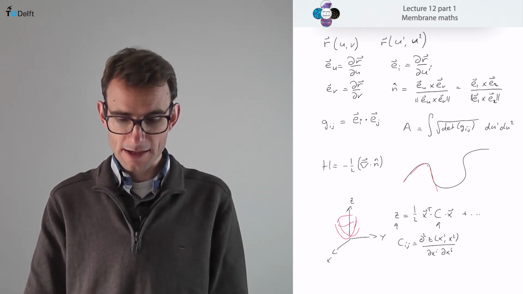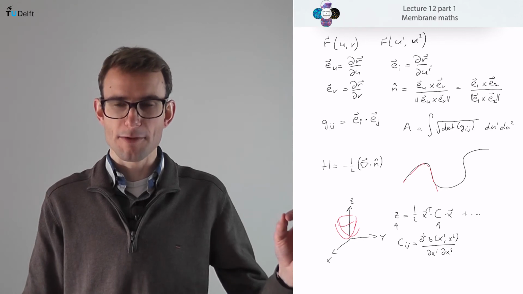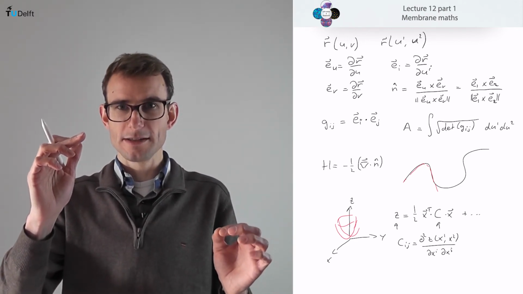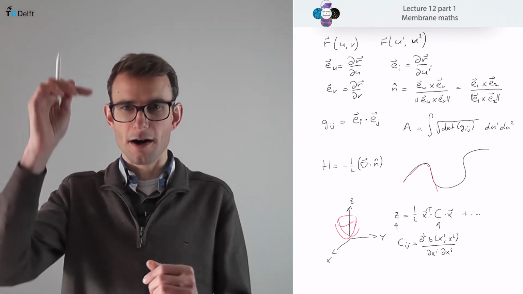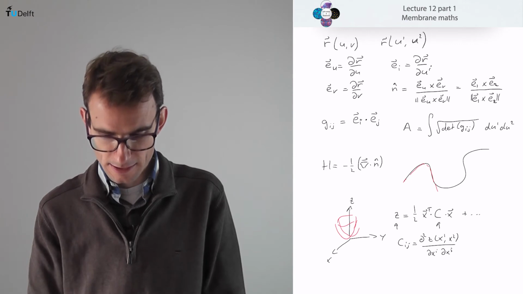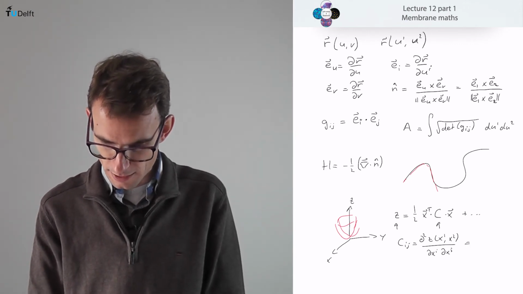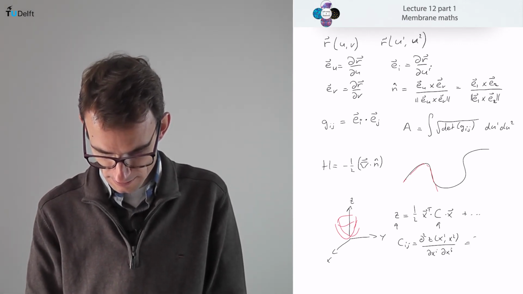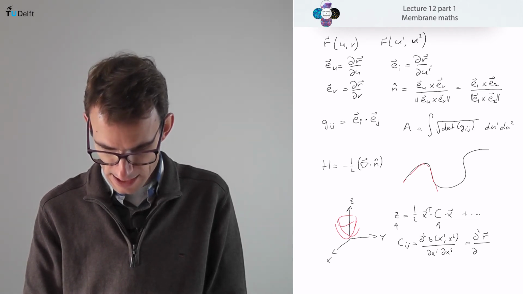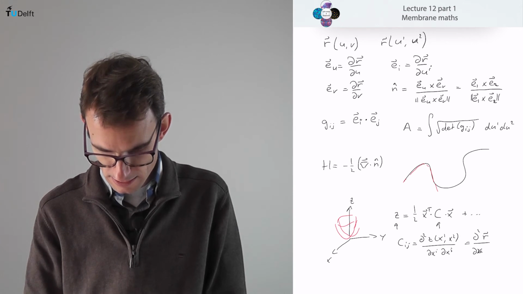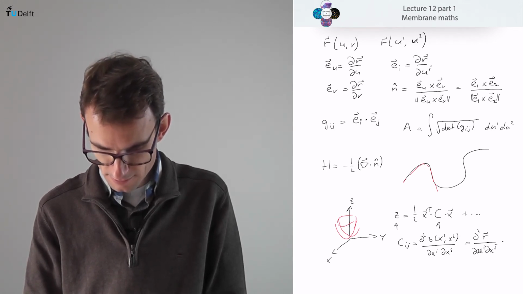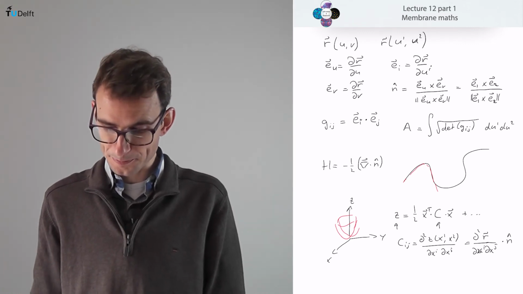The vector r is mapping from some reference coordinate system to this surface, and the z component is simply the component of r along the normal vector, the perpendicular vector here. So this is the second derivative of r with respect to xi, xj, dotted with the normal vector.